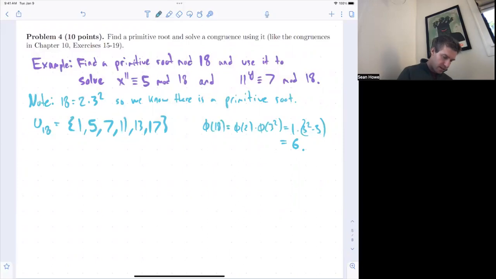So here, to check if A is a primitive root, let me say it this way: A in U18 is a primitive root exactly when A squared is not 1 mod 18 and A cubed is not 1 mod 18.